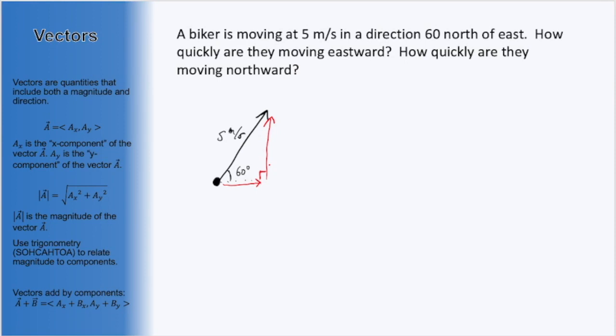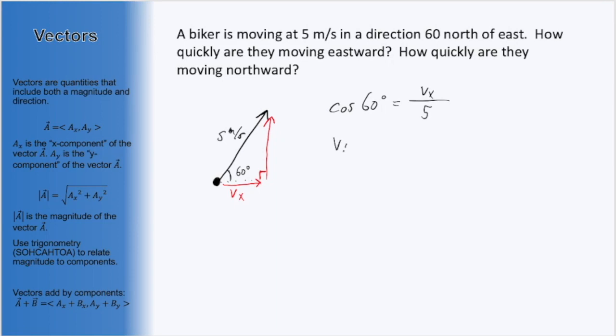Since we know the hypotenuse of this triangle as well as an angle inside of it, we can use trigonometry to find these components. The horizontal, or x component, I'll call it, will be the adjacent side to the 60 degrees. So using SOHCAHTOA to relate the adjacent side to the hypotenuse, I would use cosine of 60 degrees is equal to that horizontal x component of the velocity divided by the hypotenuse, which is 5.